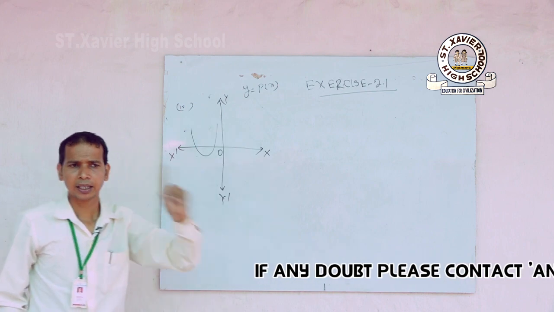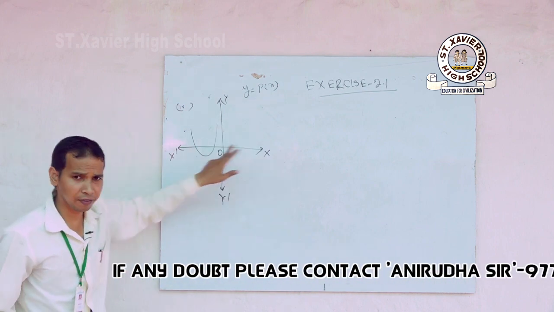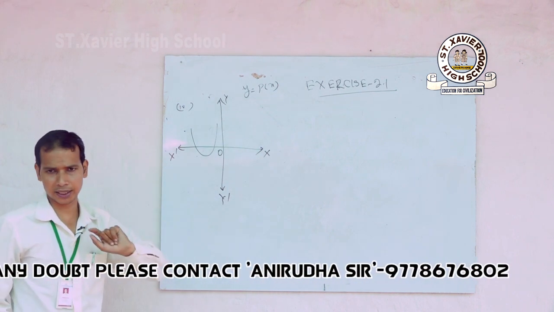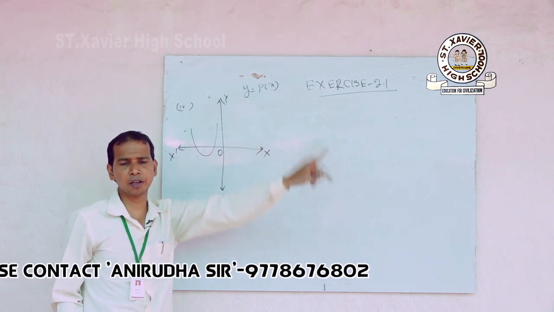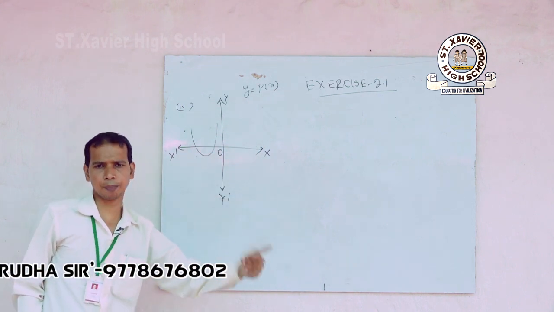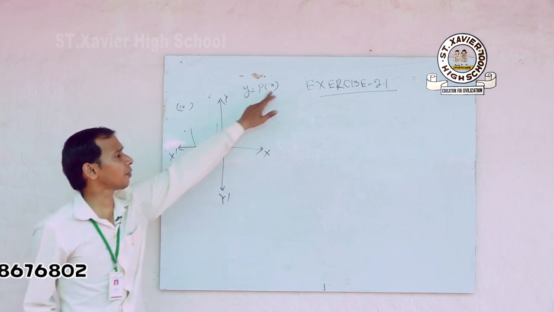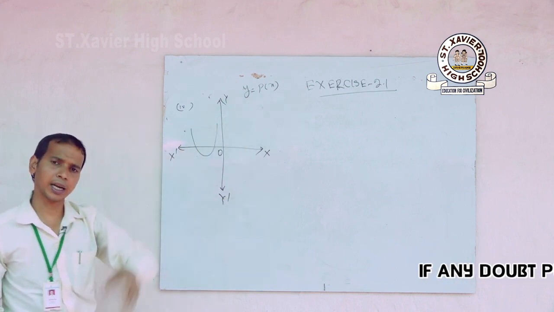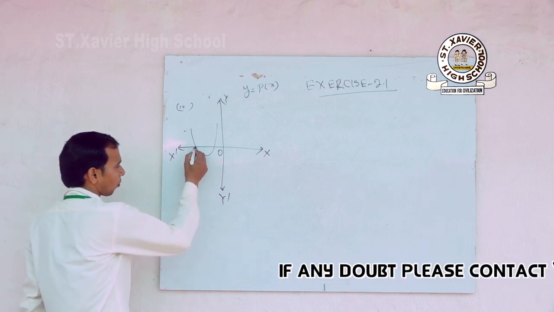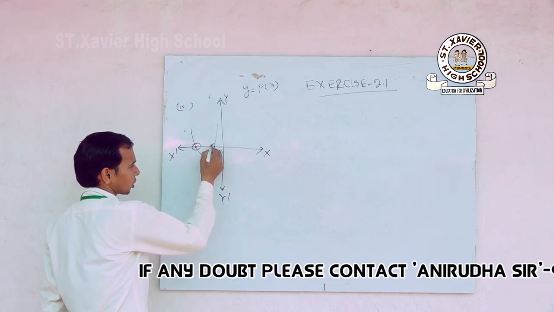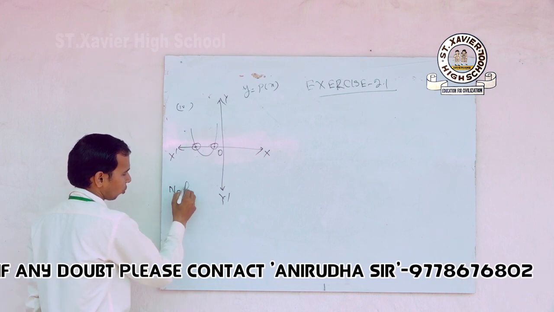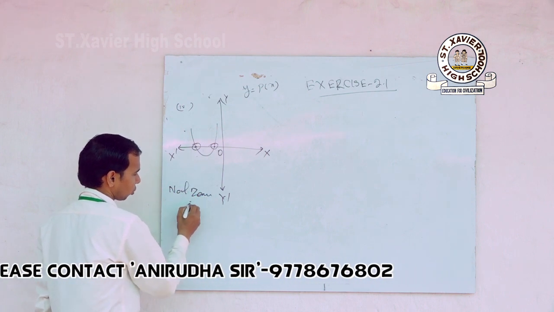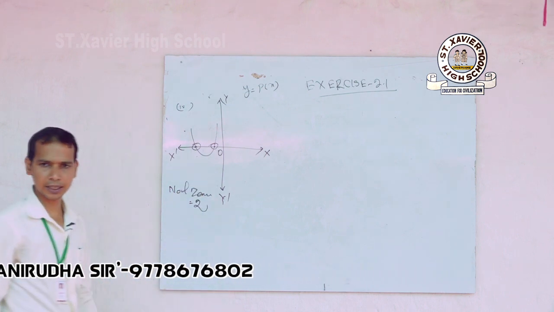We find the intersecting points of the graph line with the x-axis, not the y-axis. If p of y were given, then you would find the intersecting points with the y-axis. As p of x is given, we find the intersecting points of the graph line and the x-axis. There are 2 points, 1 and 2. So the number of zeros is equal to 2 in this case.